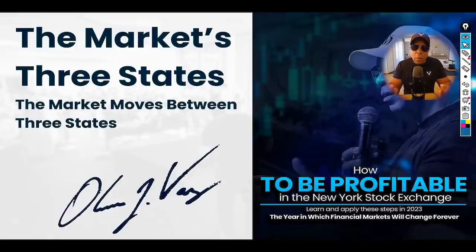Let me tell you this, each section is going to deepen your ability to read the market properly. You must always know which of the 3 states your stock or your cryptocurrency or your option or your Forex pair, whatever you're trading, is in.